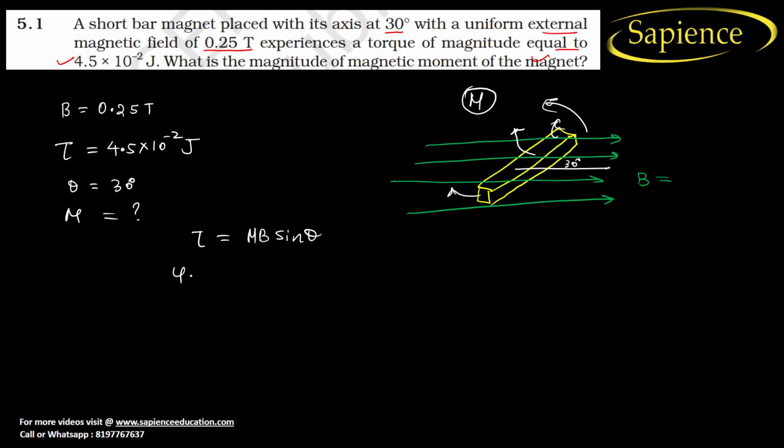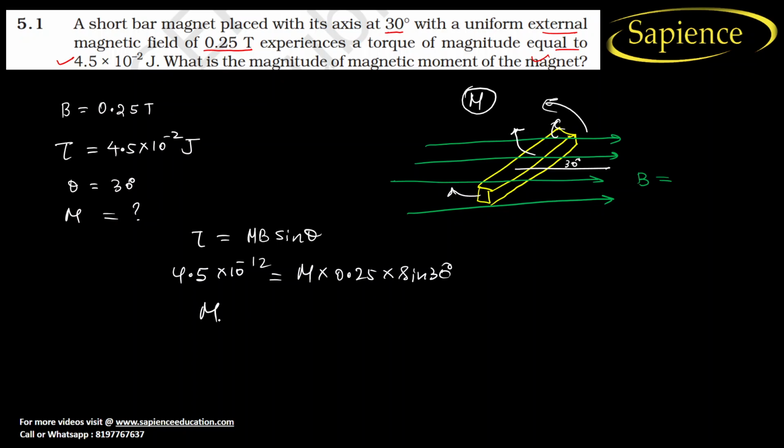So the torque they have provided you is 4.5 into 10 to the power minus 2, and this is equal to magnetic moment into B sine theta. So this is equal to M into 0.25 into sine 30.